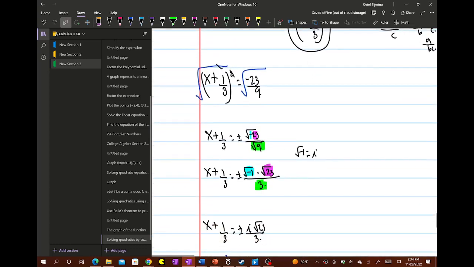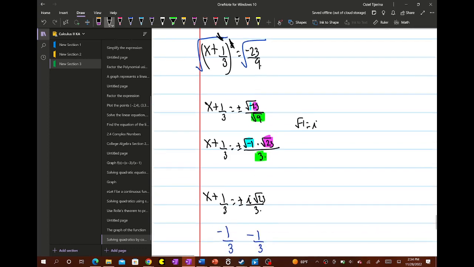And then I went ahead and I took the square root of both sides. So after doing that, I crossed out that square root, and I got x plus 1 over 3 equals, and then I did plus or minus. So remember, always do plus or minus when you're taking square root. So I did plus or minus the square root of negative 23, and then I went ahead and split it up. So I said x plus 1/3 equals plus or minus the square root of negative 1 times the square root of 23, all over the square root of 9, and the square root of 9 is 3, right?